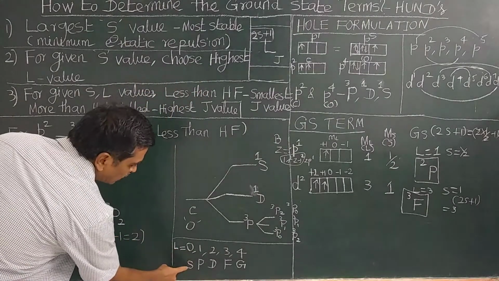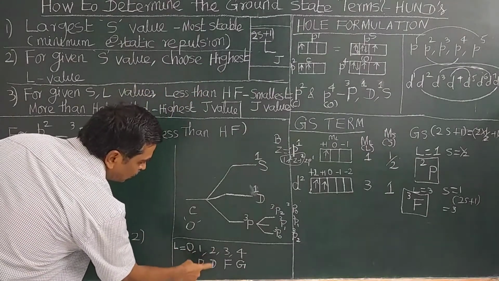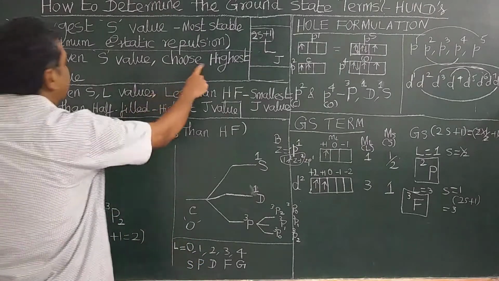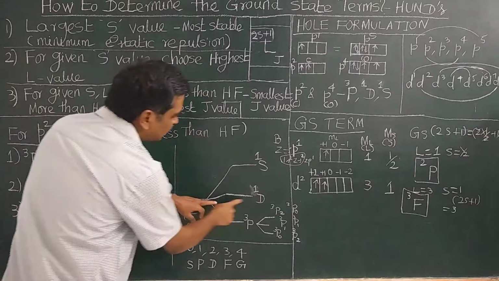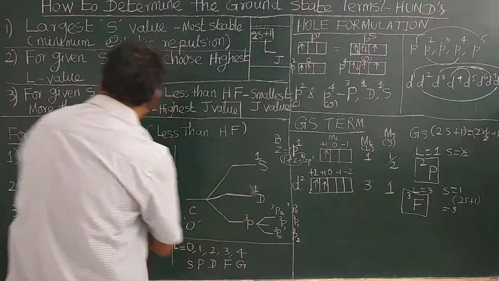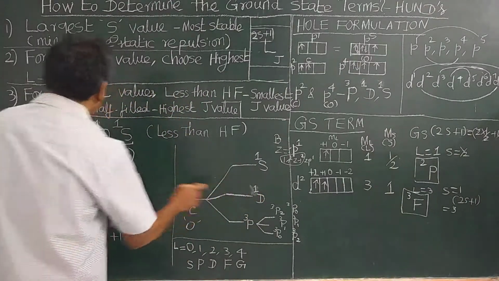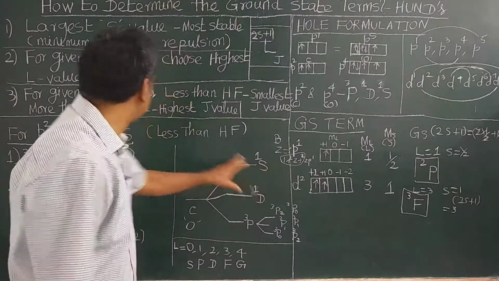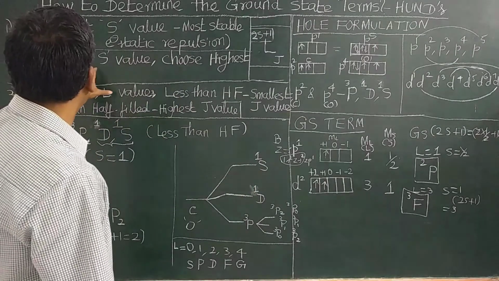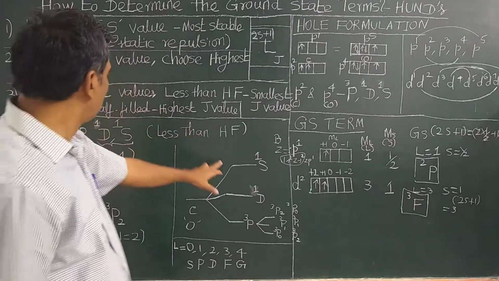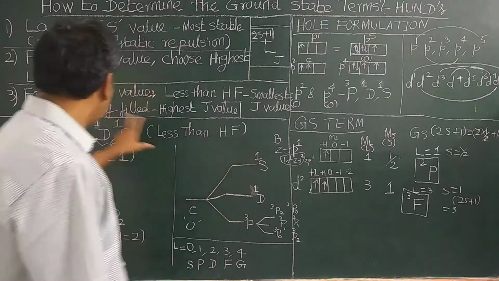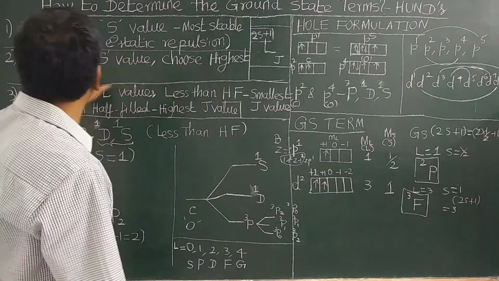L equal to 0 is the S state, L equal to 1 is the P state, L equal to 2 is the D state. L equal to 2 is the highest L value. Therefore, this is the first excited state, 1D. Then obviously this is the second excited state. According to rule 2, this is the first excited state, choosing the highest L value.